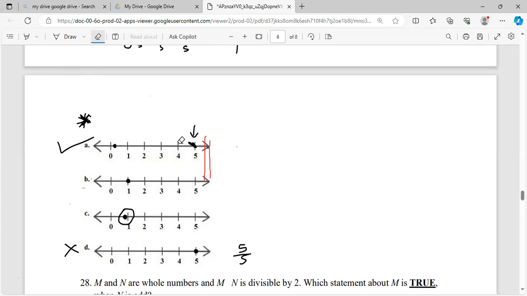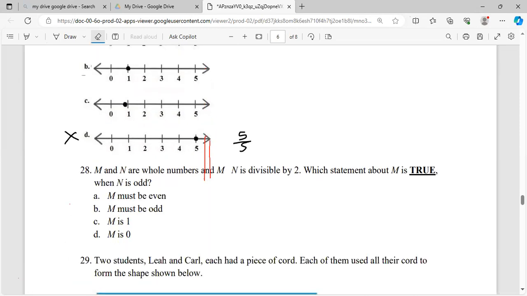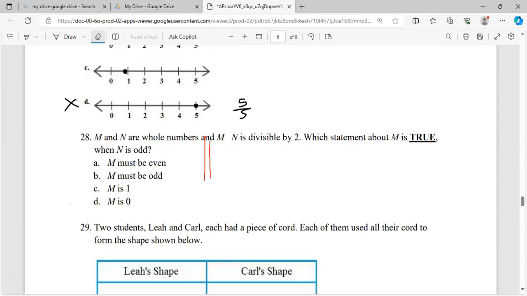I'm thinking it's A, but I'm sure it couldn't be this and this. So guys, you have to read it carefully. But we'll go back to that one. I'm gonna ask some persons' opinions on it, because it's a bit tricky.